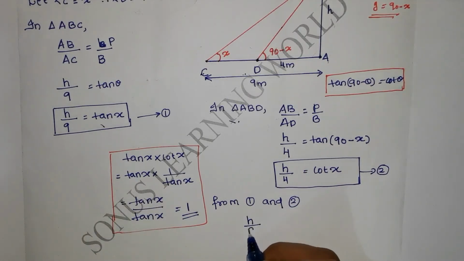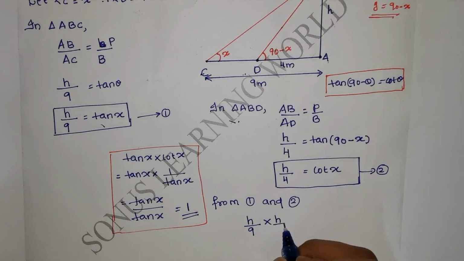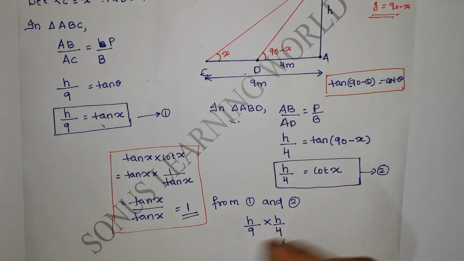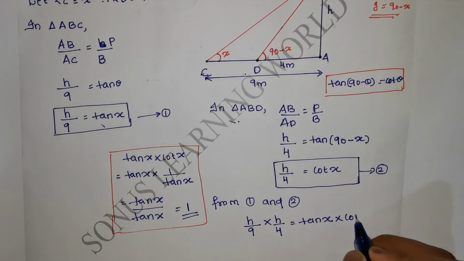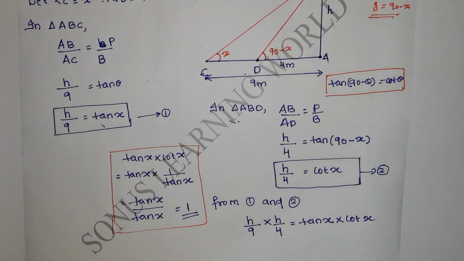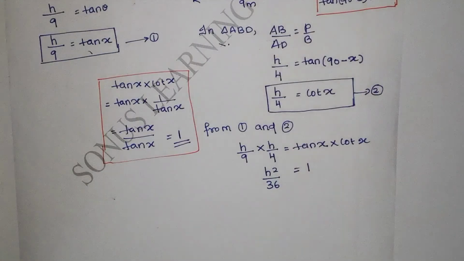H by 9 into H by 4 is equal to tan x into cot x. What is tan x into cot x? It is 1. So H into H is H square by 9 fours are 36. So H square by 36 is equal to 1.